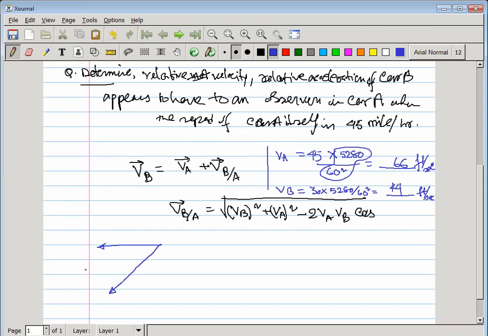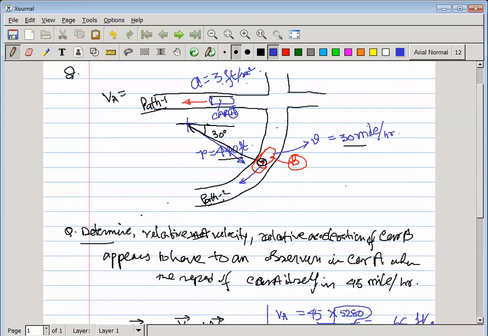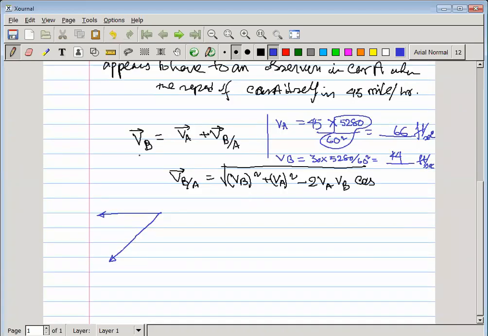Okay. Now see here, as per the question, car A moves in this direction and car B moves in this direction, right? So if we draw the velocity diagram, this is your VA, which is 66 feet per second, and VB, which is 44 feet per second.